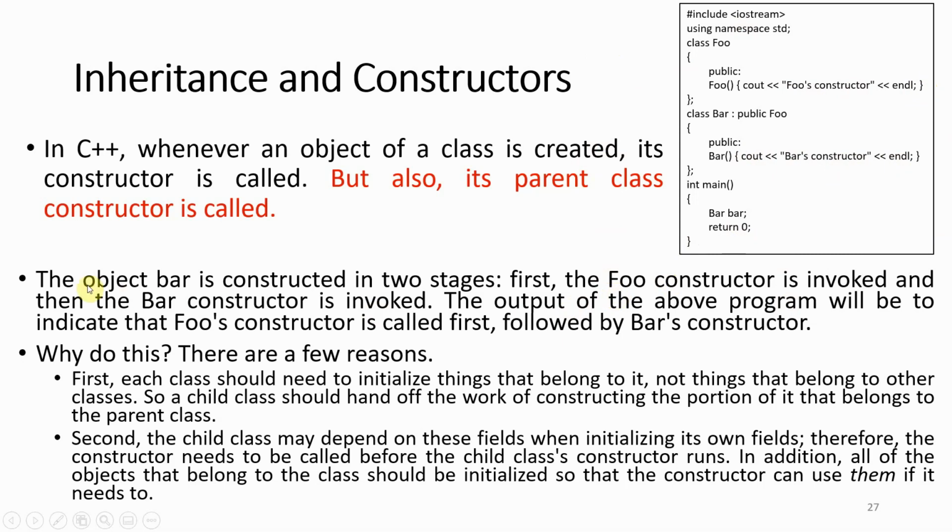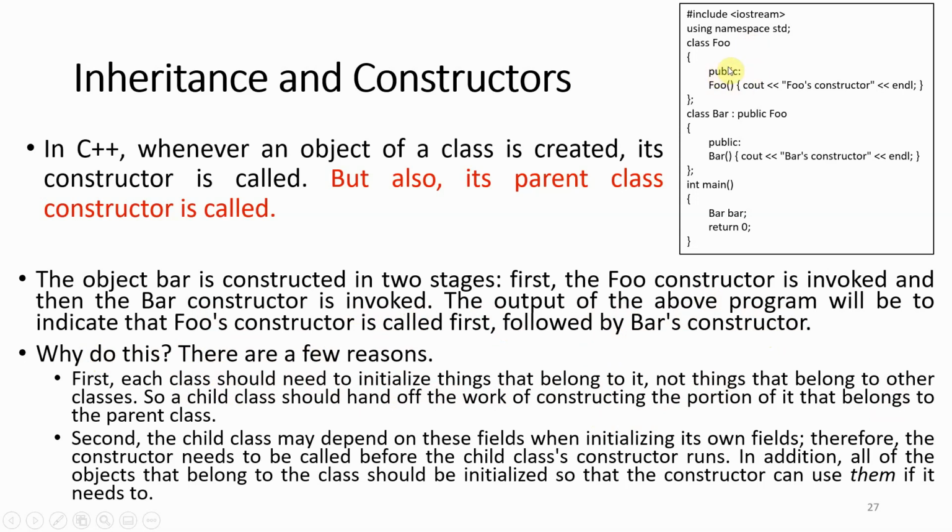Okay, so the object bar is constructed in two stages. First, the foo constructor is invoked, and then the bar constructor is invoked. The output of the above program will indicate that foo's constructor is called first, followed by bar's constructor. Why do we do this? There are a few reasons. First, each class needs to initialize things that belong to it, right?